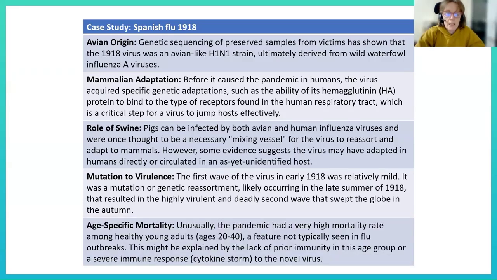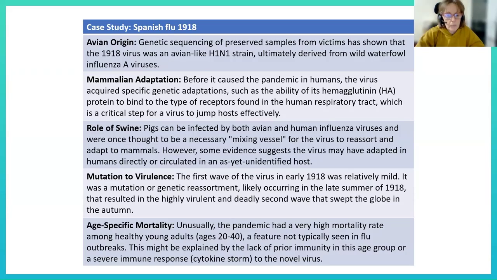With this Spanish flu outbreak, there was an unusually high mortality rate in young adults, so 20 to 40. So you think usually we're saying vulnerable people, the young, the old, are the ones that end up dead. But with this particular flu, it was people that you would consider to be in their prime, ages 20 to 40.